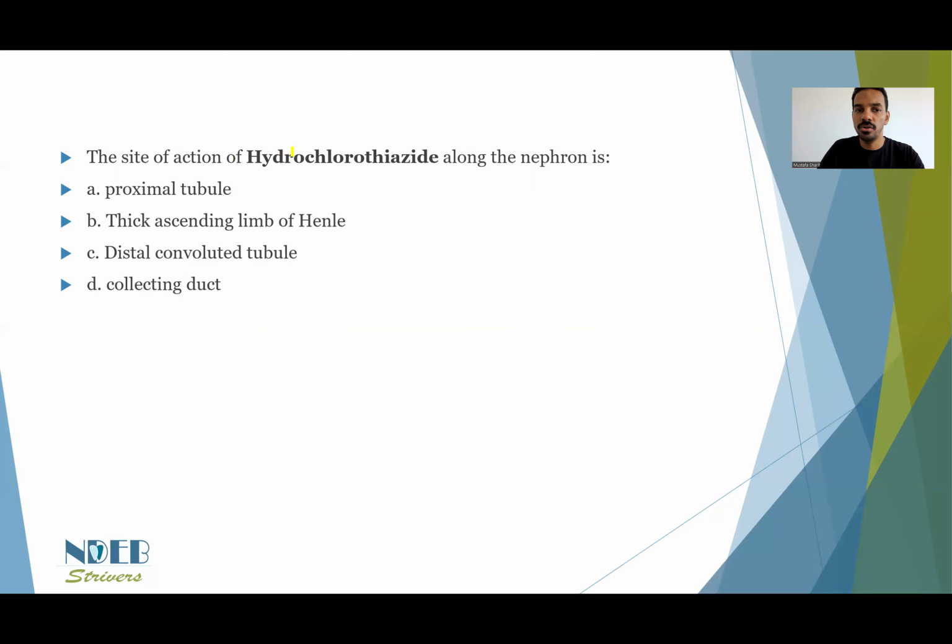The site of action of hydrochlorothiazide along the nephron is A, the proximal tubule, B, the thick ascending limb of Henle, C, the distal convoluted tubule, or D, the collecting duct. As we all know, the nephron has different parts in the kidney, and every one of the diuretics works at a specific site in the nephron.